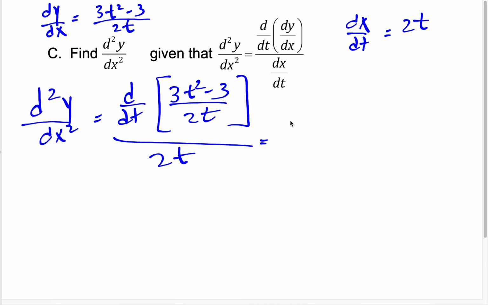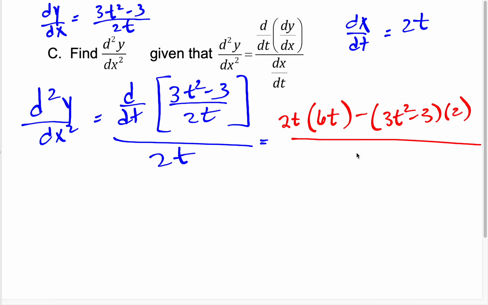Here we go. We have low d high, so that's 6t, minus high d low, all over low, all over that 2t.